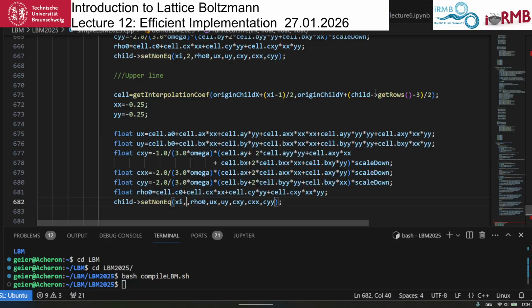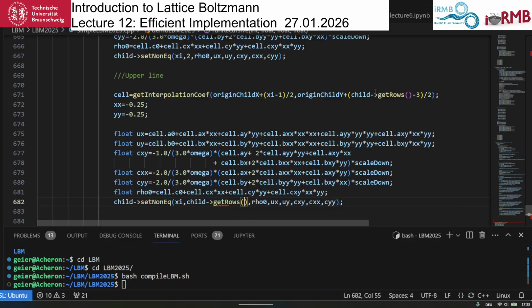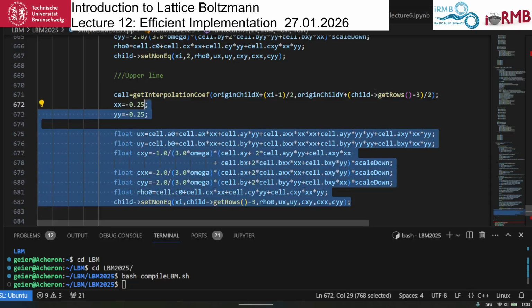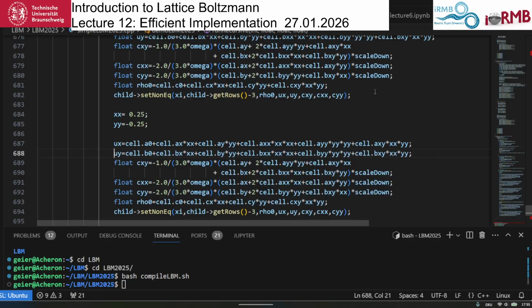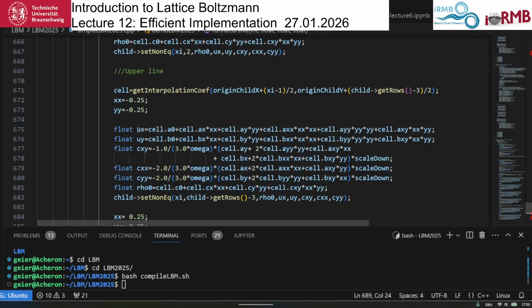So this is child get rows -3, where we have to set this. Okay, now when we do the copying of this, okay, this was stupid. So let's change this one, and then we already have to get rid of this here, right?